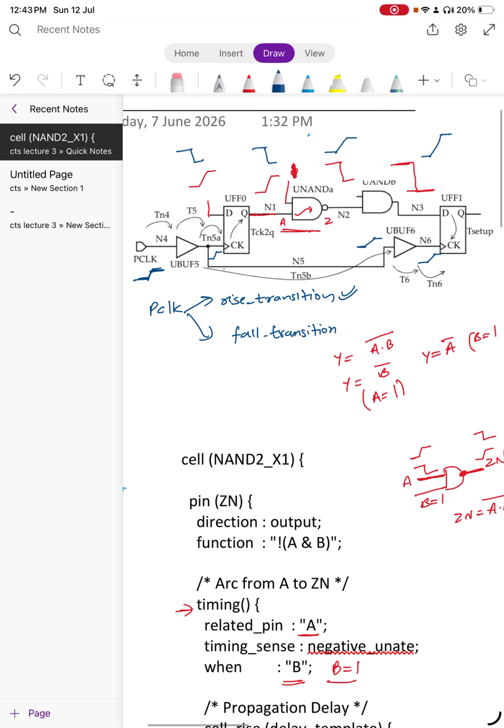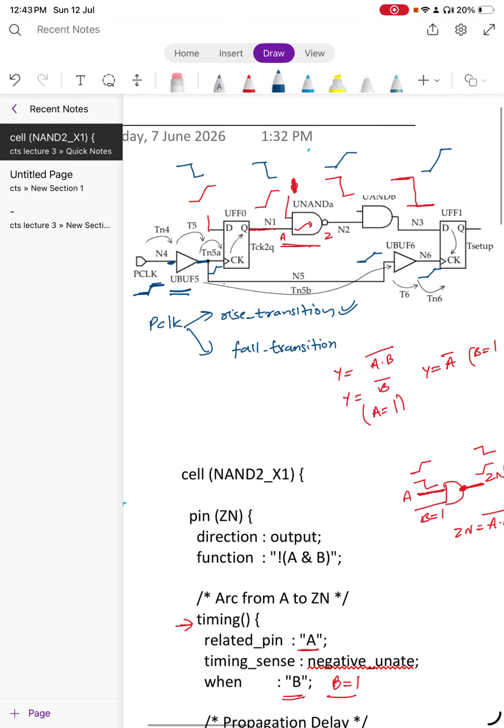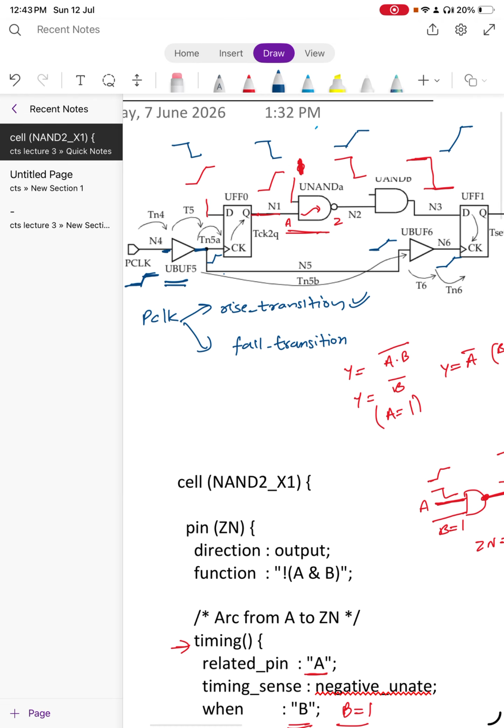So how do we calculate the transition at the output pin of UBUF5? It's of course a function of input transition and output cap. So it will have the input transition value and output load value in the form of a lookup table, and it will be able to find out the transition from that.